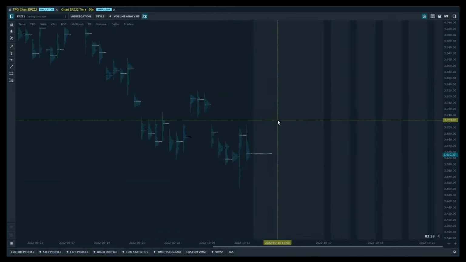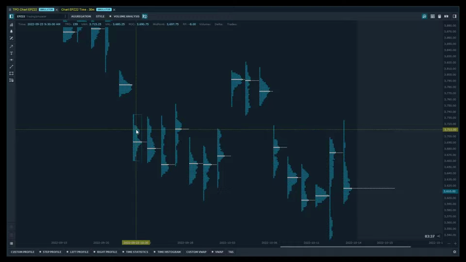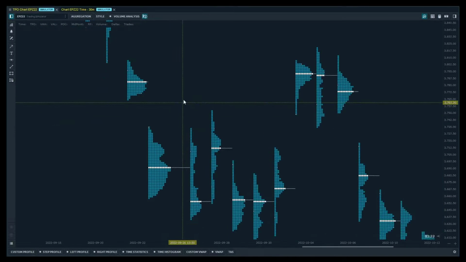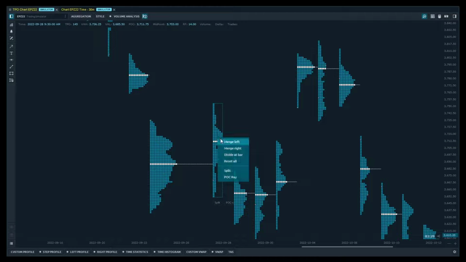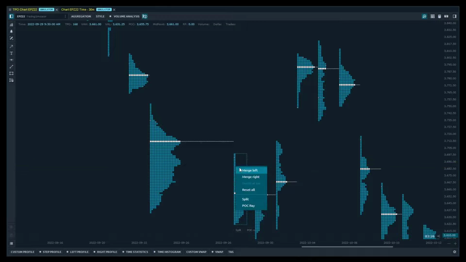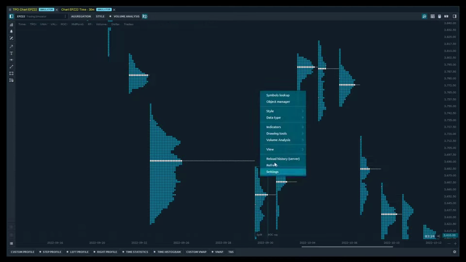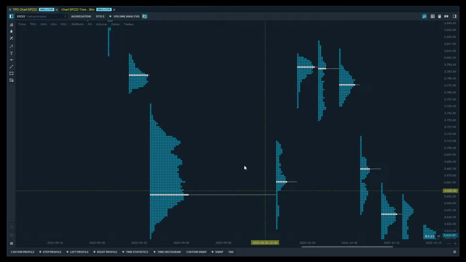So this feature that I really like is where you collapse individual days onto each other. We can merge all these to the left, and this is really useful for when you want to see what's going on in the bigger picture.